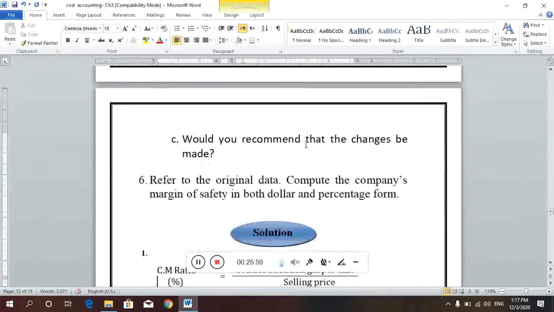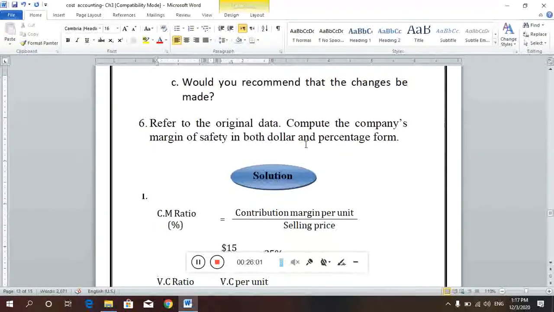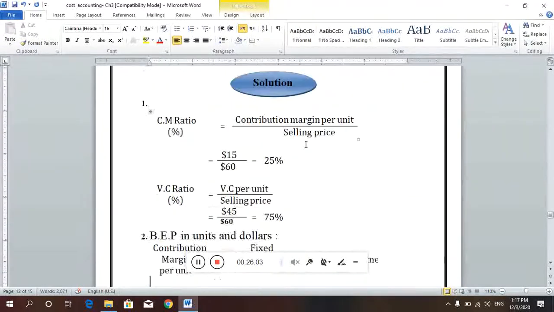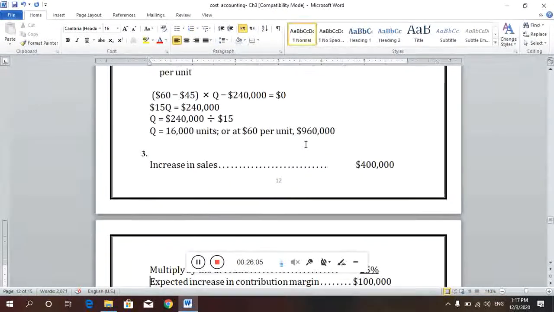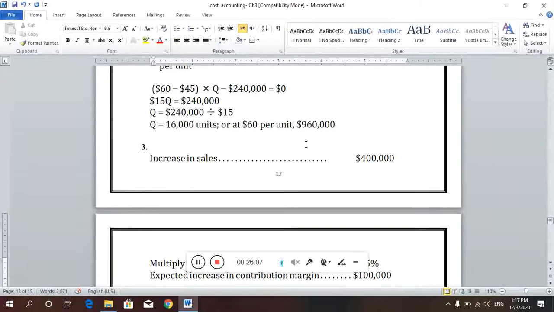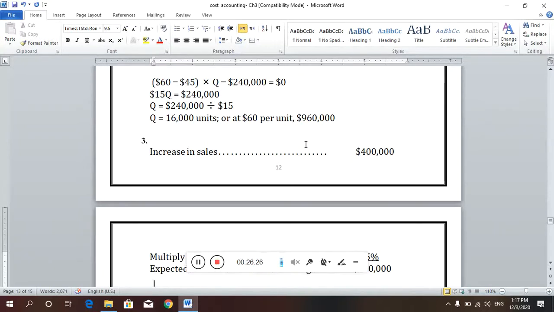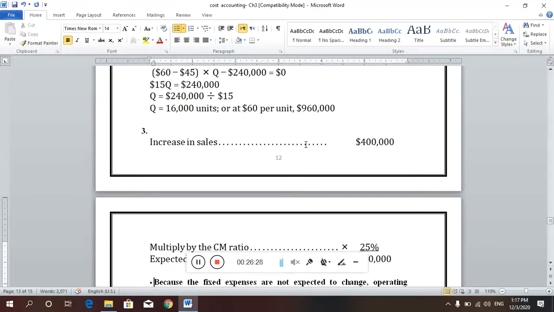So in number 3, sales increased by $400,000 and the cost pattern is unchanged. What is the effect on the operating income? We multiply the increase in sales of $400,000 by the contribution margin ratio.